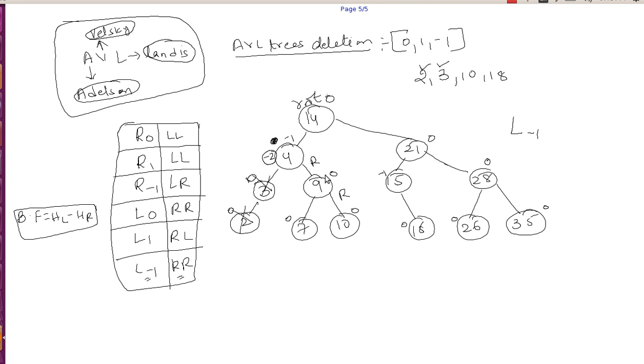So whenever you have RR rotation, what you do is you pull the element between both the R's. So let us see how it happens.